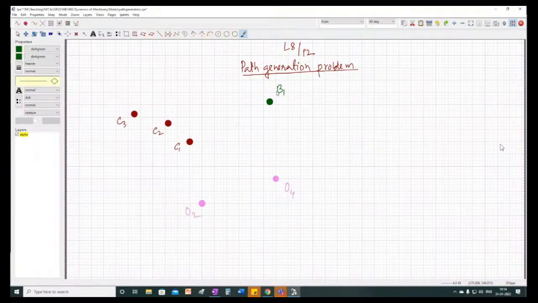Now you can also assume another point on the coupler, or this O4B is the follower. Now if we can find out position A on the coupler, so that can ensure these three positions C1, C2 and C3. Okay, so what is left?